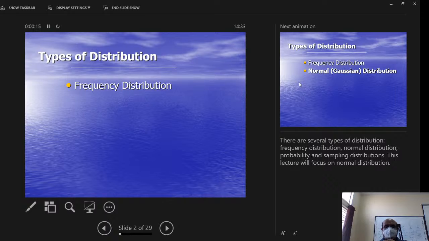When we talk about the normal distribution curve, there is a distribution. Biostatisticians assume that anything in this world is normally distributed.